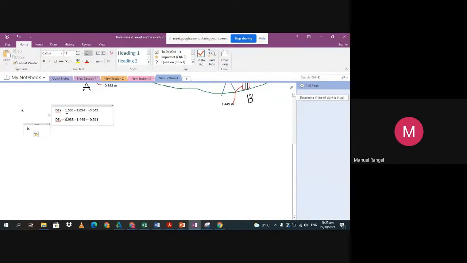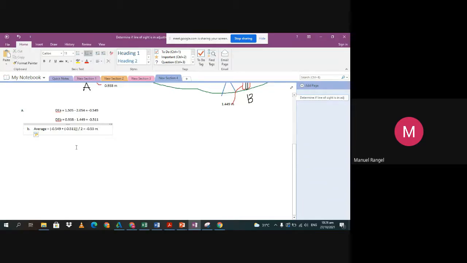The average of these two differences in elevation, negative 0.549 plus negative 0.511, divided by 2. So their average is 0.53 meters.